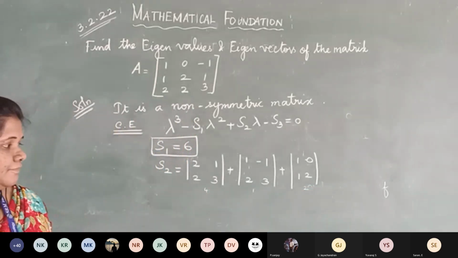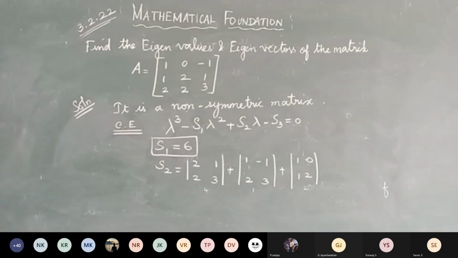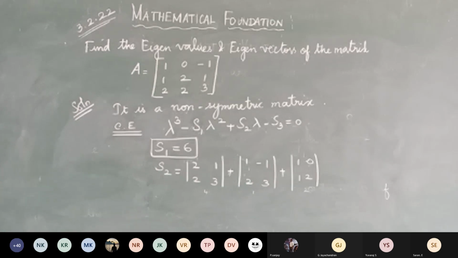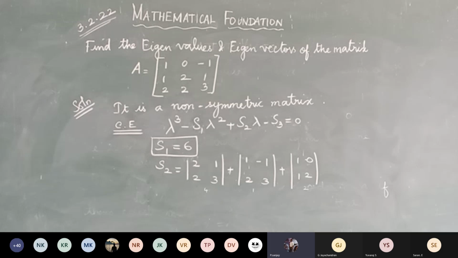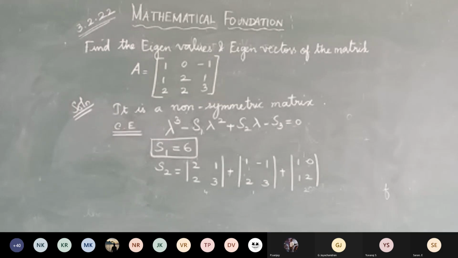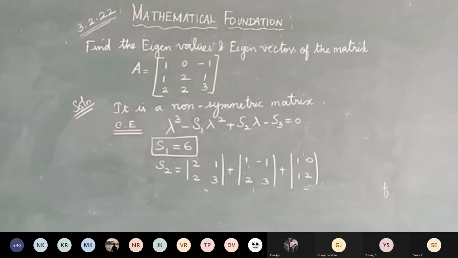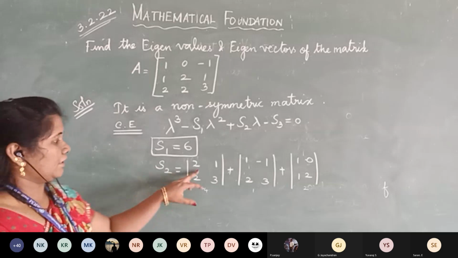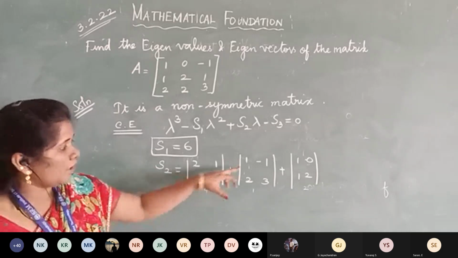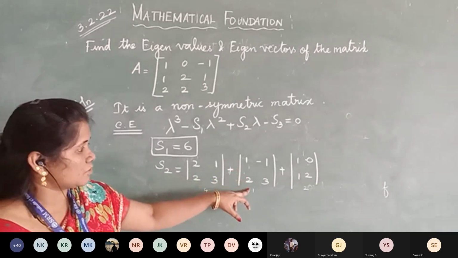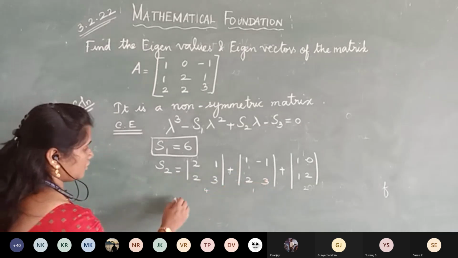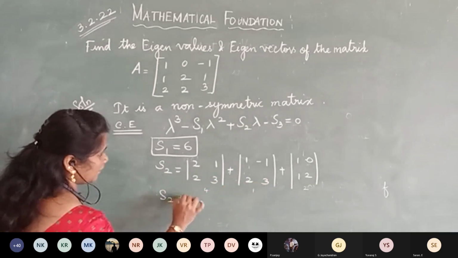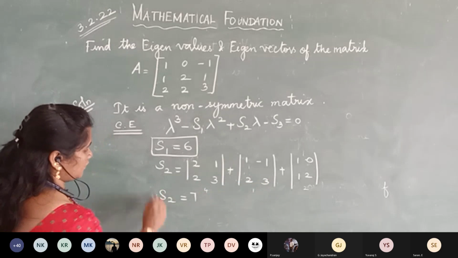You have to do it really fast. That is 6 minus 2, which is 4; 3 minus 2, which is 1; and 2. Okay, so S2 is 7. Everyone got it?